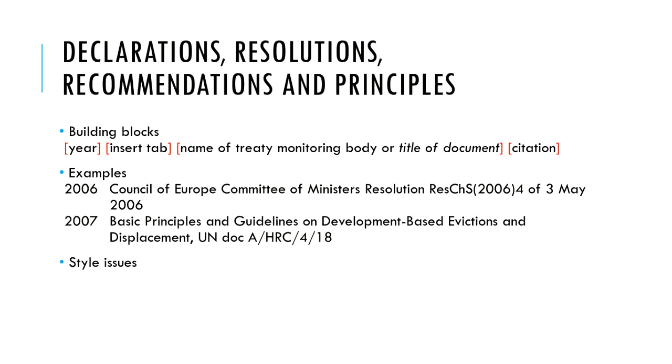A third kind of document that may appear in your table of treaties, in addition to treaties themselves and general comments, is this sort of catch-all category of declarations, resolutions, recommendations, and principles. Now, as much as there are building blocks here, there are also so many deviations.